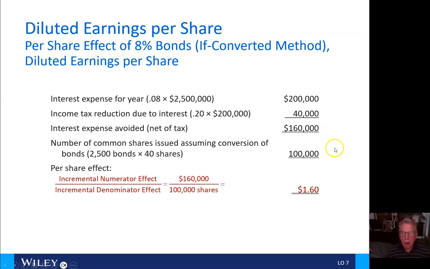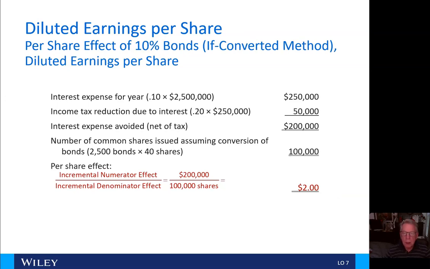And our number of common shares issued, assuming conversion of the bonds, we had 2,500 bonds and 40 shares each, so that would be 100,000 shares. And so we're going to take 160,000 and divide it by 100,000 shares, giving me $1.60 in per share effect.